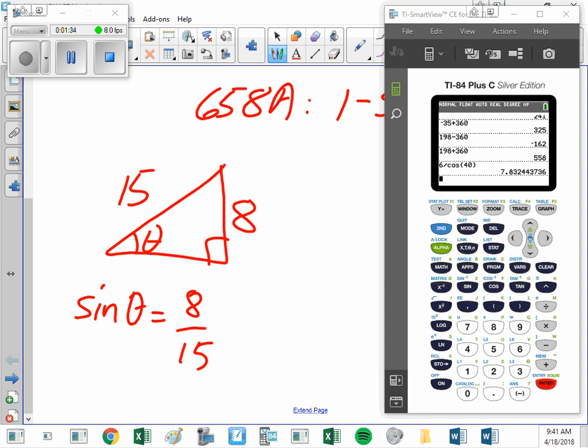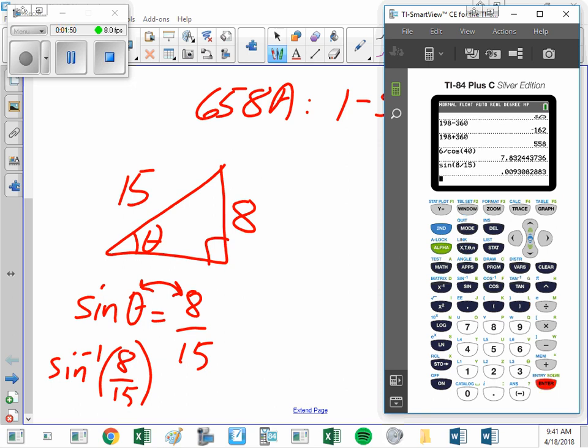So basically, we switch the domain and the range, and I get sine inverse of 8/15. Oh, I didn't do inverse, sorry. And it gives me 32.23 degrees. Okay.